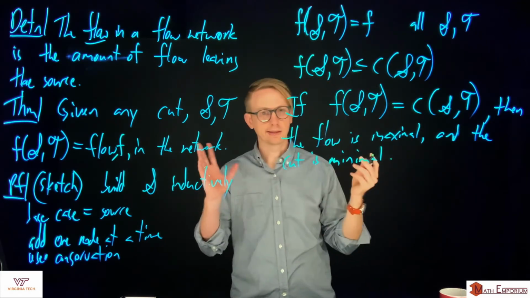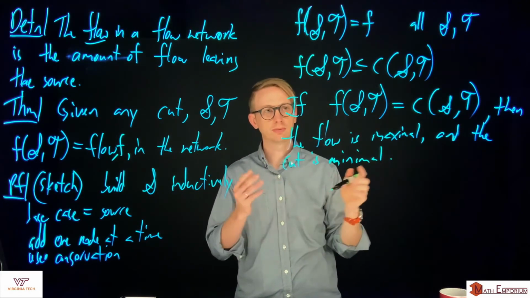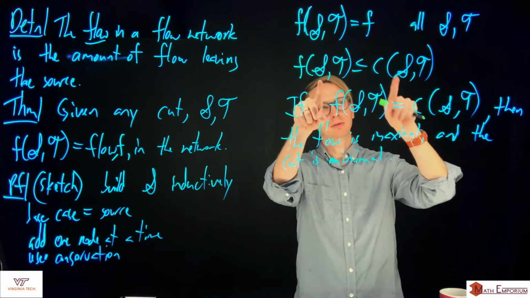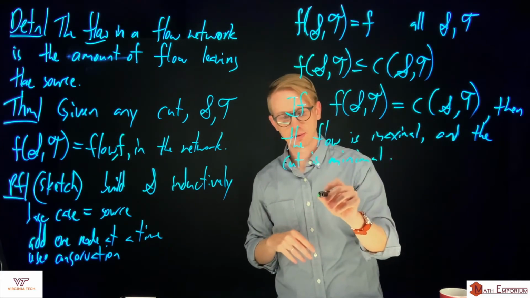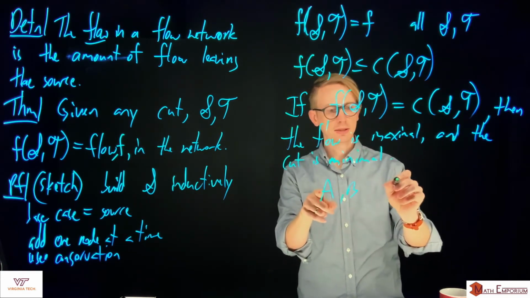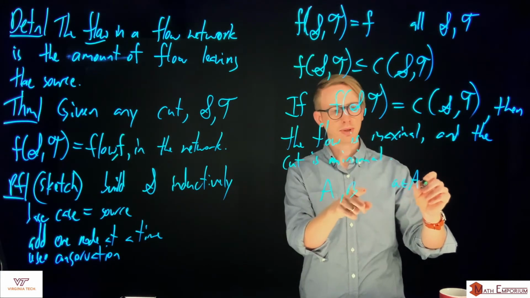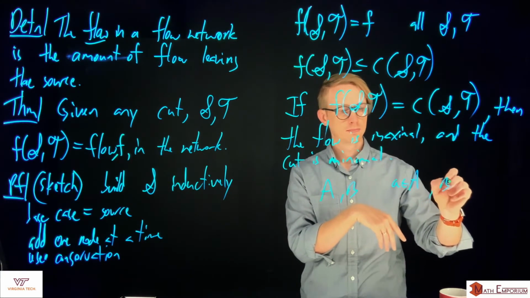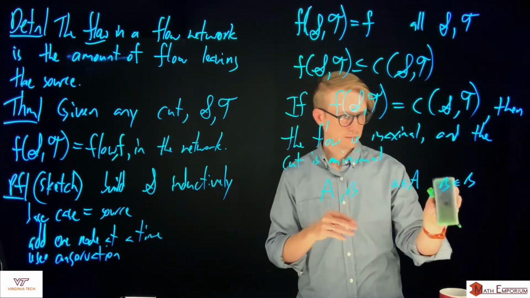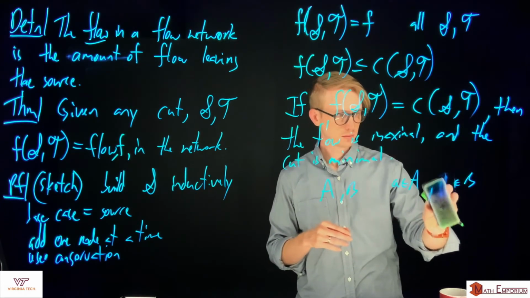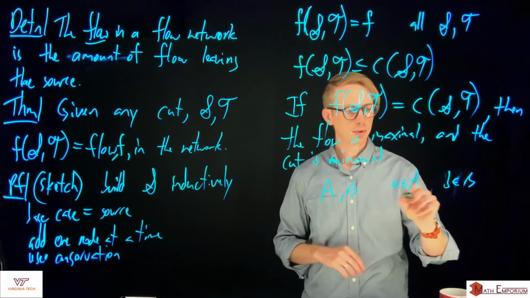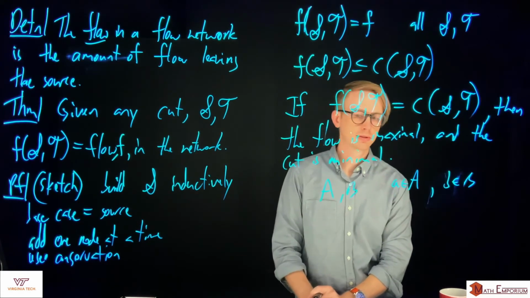Okay, this isn't really a cut or a flow issue. This is a question about having two groups of numbers. So you have a flow number for every cut and a capacity number for every cut. So let's call these number groups A and B. Okay, if I take any number in A and compare it to any number in B, I actually am able to compare them in this context.